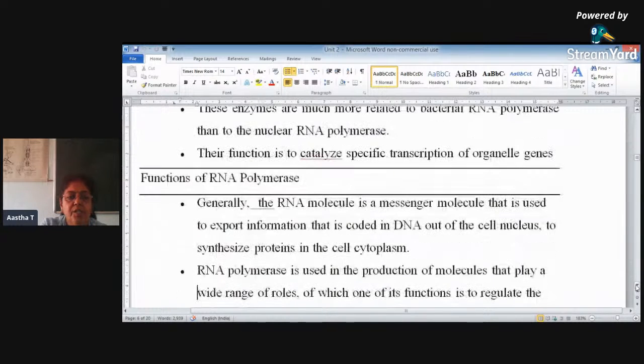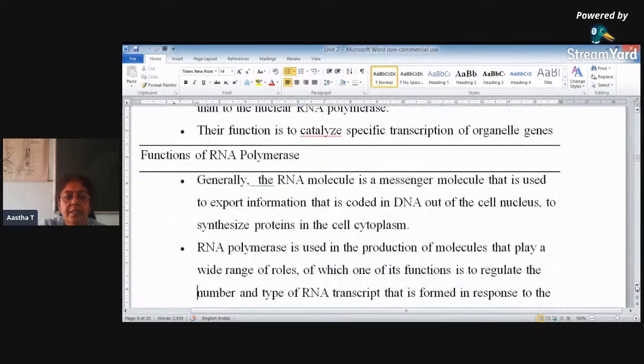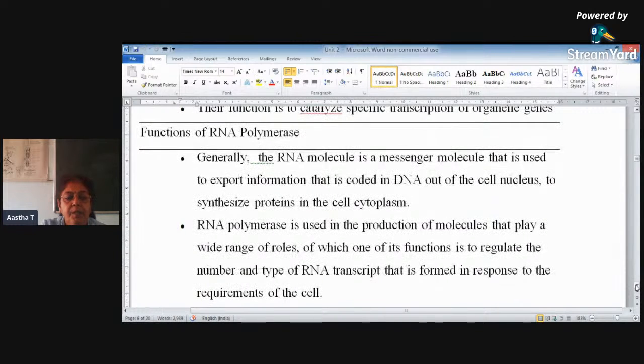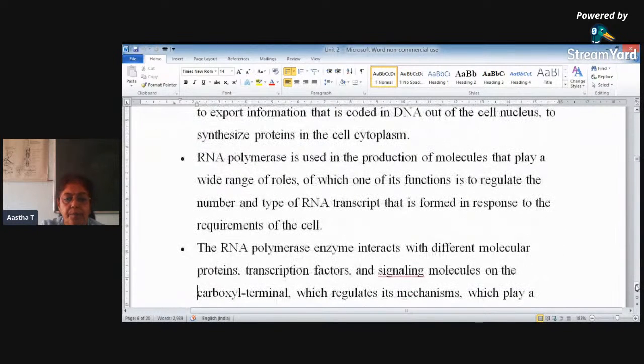So the overall function of RNA polymerase is to export the information that is coded in the DNA, which will be useful in the synthesis of proteins. They may be used to regulate the number and type of the RNA transcripts which are formed.